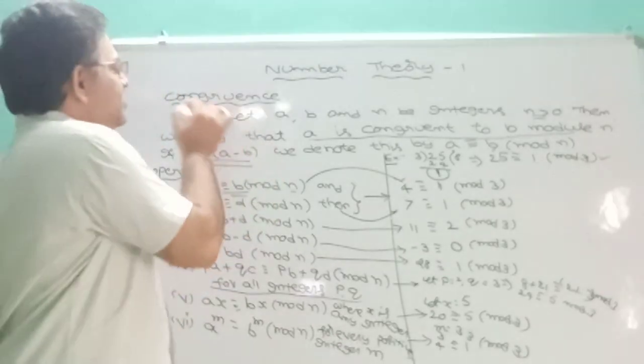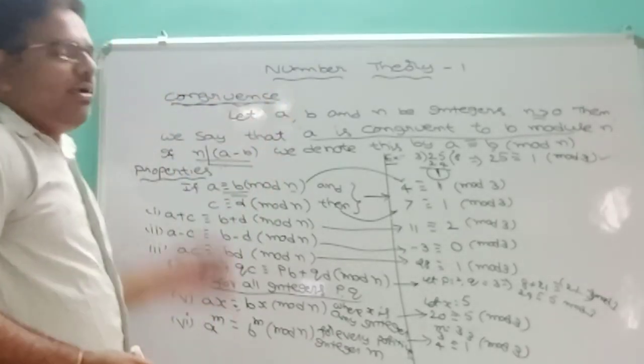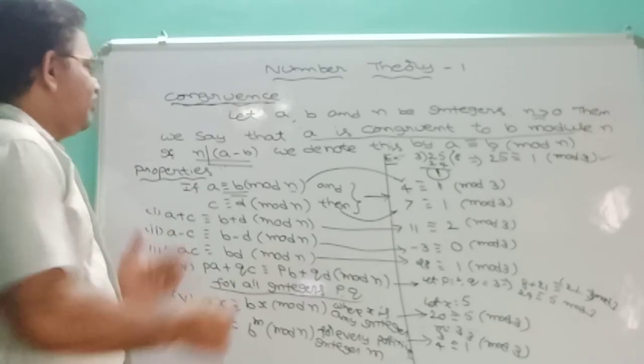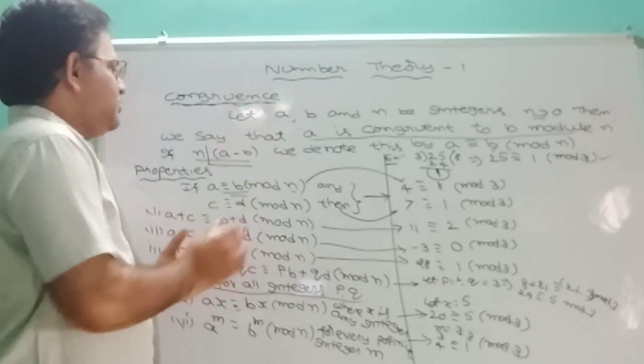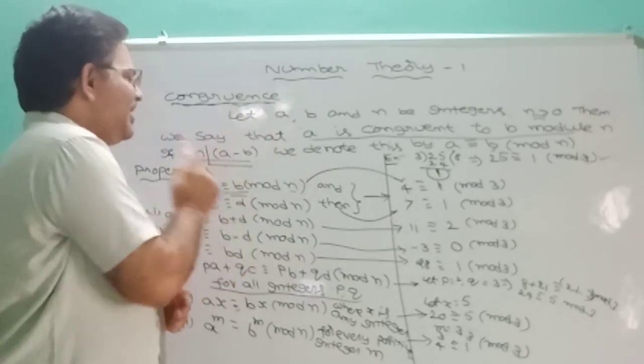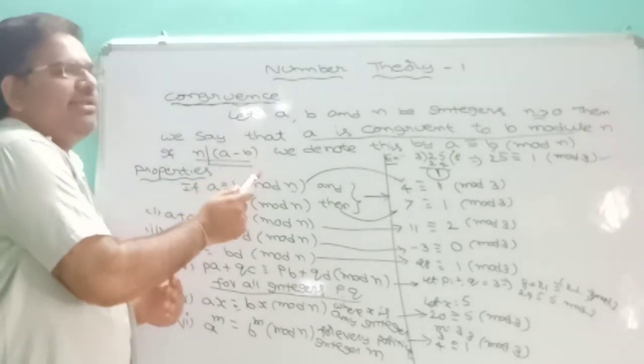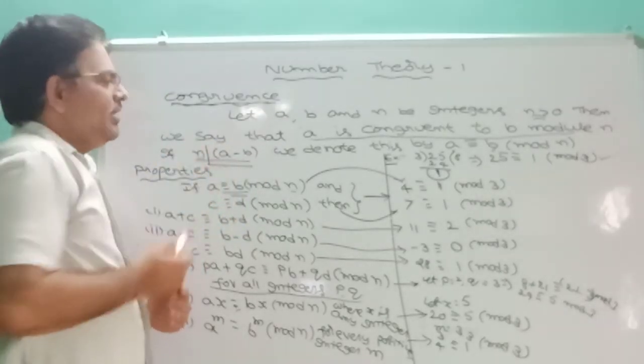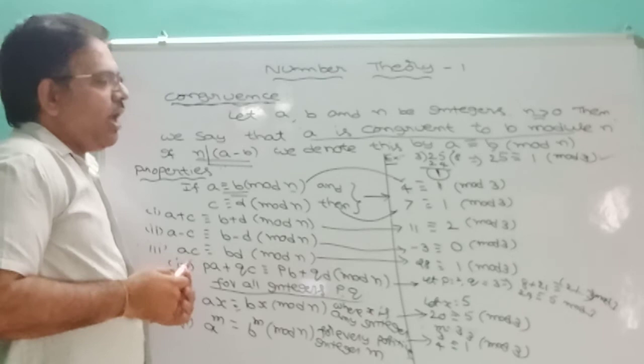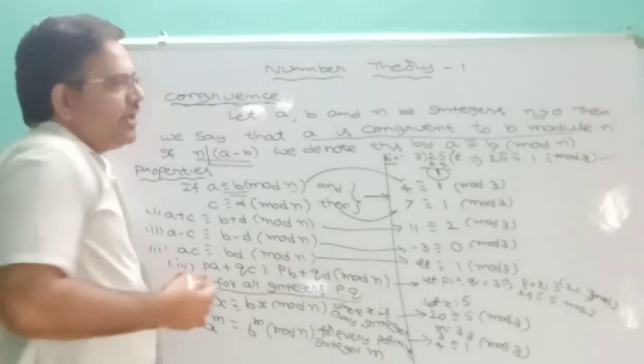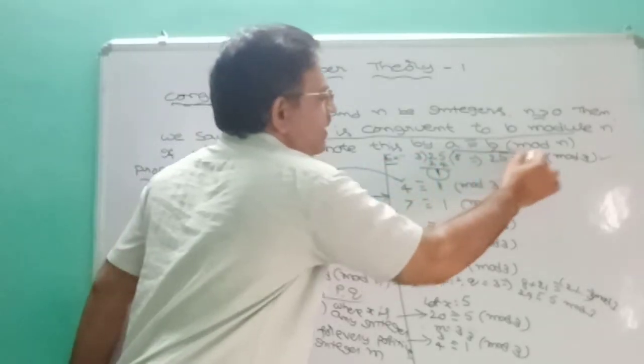So this concept is called congruence. What is the importance of congruence? Any two numbers that divide by n give remainders such that their difference is exactly divisible by n. This concept is called congruence, simply denoted a is congruent to b mod n.